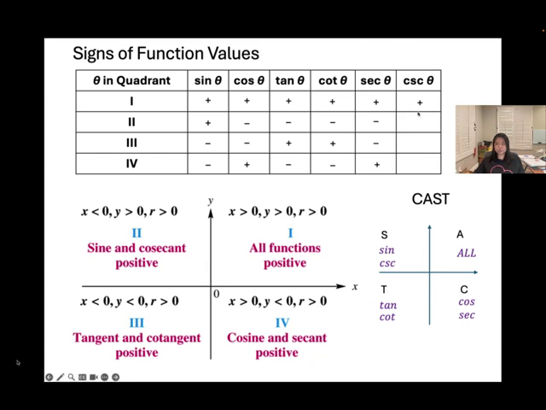Last one, cosecant. You could copy the sign of sine. So positive, positive, negative, negative. I need you guys to remember CAST: cosine, sine, and tangent. Once you remember sine, cosine, and tangent, you should be able to figure out cotangent, secant, and cosecant.